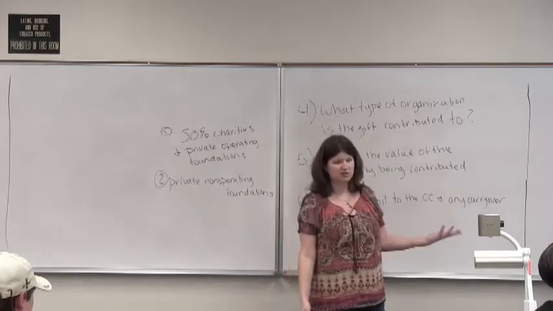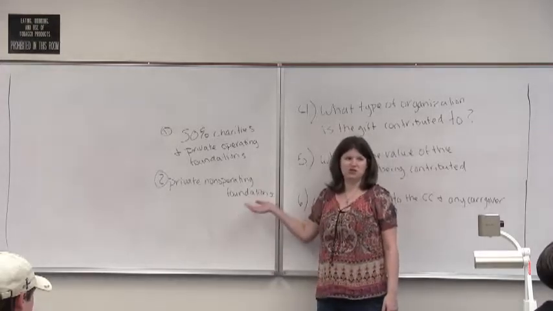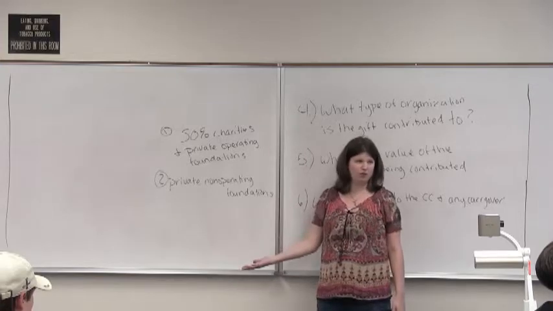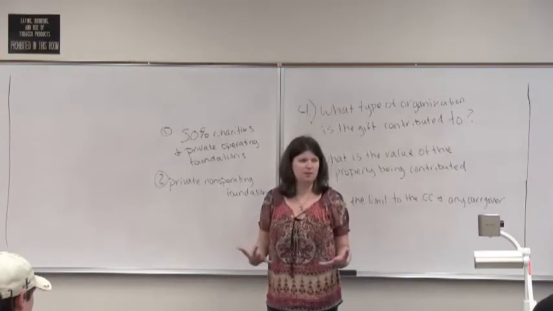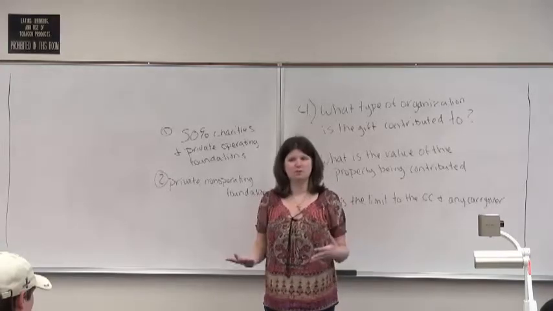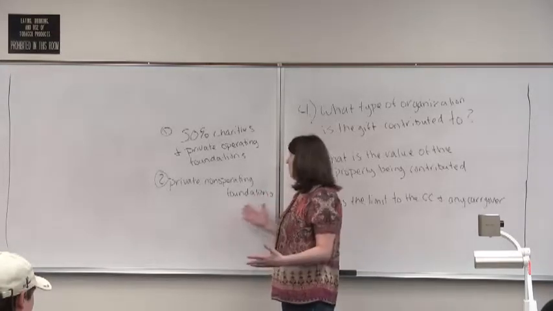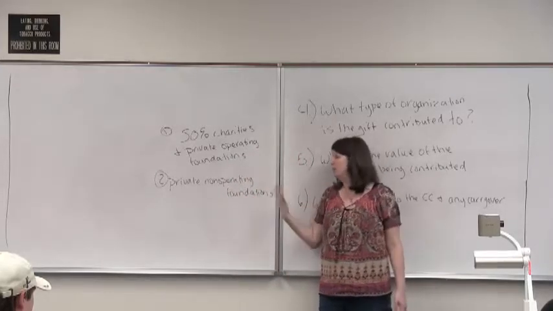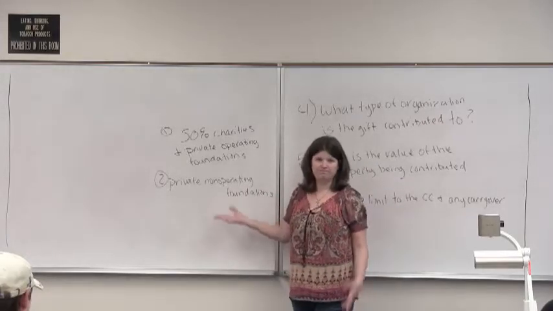It's not published in an IRS list. You just have to call the foundation and ask them, are you private operating or private non-operating? You would hope that if you contribute a substantial sum, they will send you some sort of documentation in the mail at the end of the year to use on your tax return that will tell you if they are operating or non-operating. But you may have to call, and it changes every year.